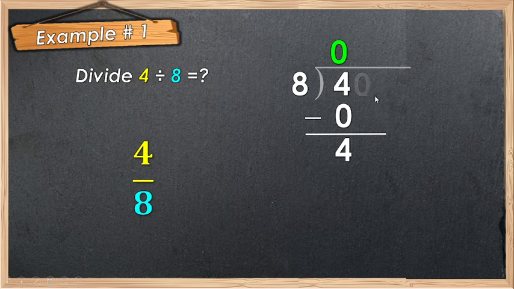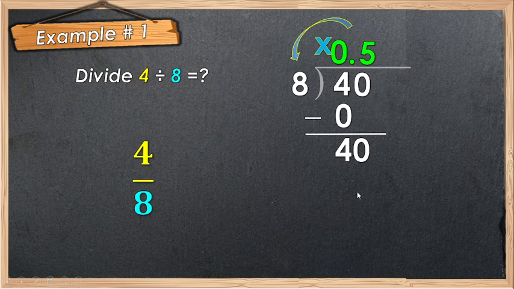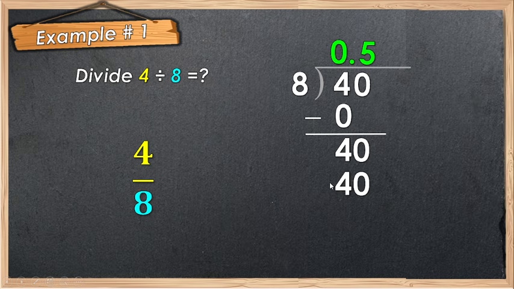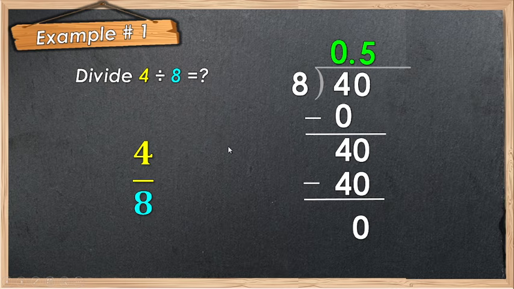Then we add 0 and add a decimal point. Now we have 40. 40 divided by 8, the answer is 5. Then 5 times 8 is 40. Then 40 minus 40, the answer is 0. So therefore 4 divided by 8, the answer is 5 tenths or 0.5.